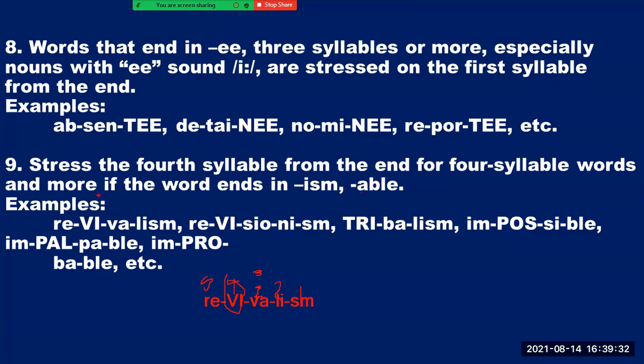All right. Now, another rule that can also help you is that when a word ends in ism and it begins with the prefix re, for example, then you simply stress the syllable that comes immediately after the prefix.